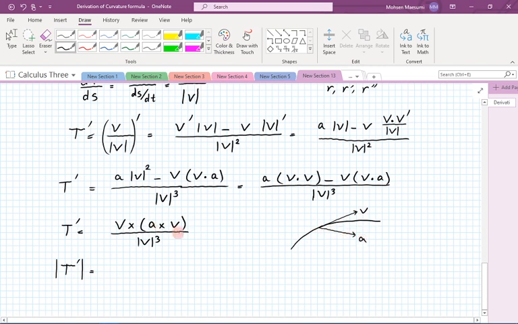So a cross v, you remember a cross v from your calculus 2, this is a vector that's perpendicular to both of them and whose length is equal to length of a times length of v times sine of the angle between the two of them. Important thing is that this is going to be perpendicular to both of them, especially perpendicular to v.